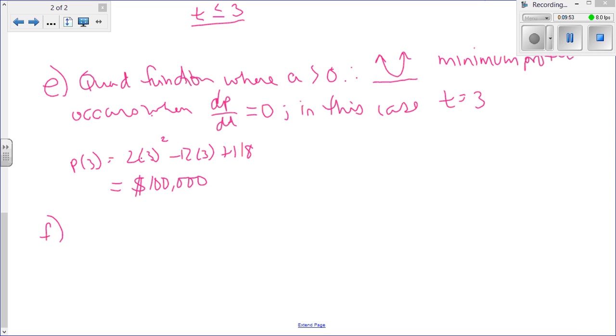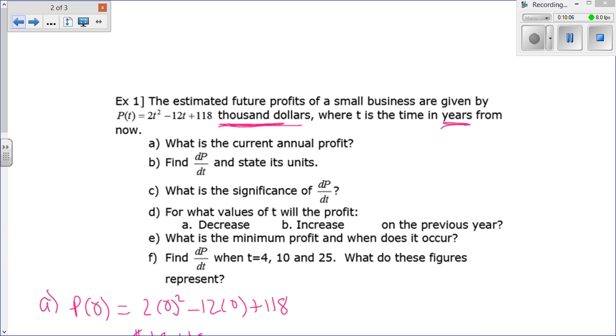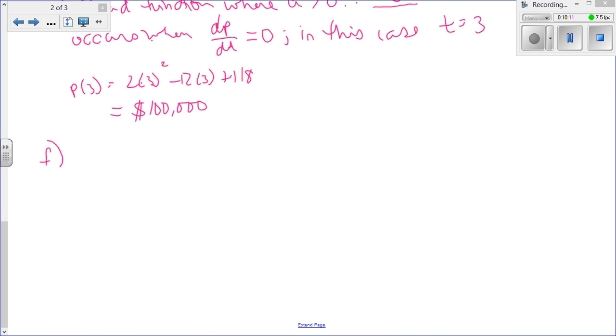For F, find dP/dt when t is 4, when t is 10, and when t is 25, and what do these figures represent? Well, if t is equal to 4, then dP/dt would be 4 times 4 minus 12, which is 4.